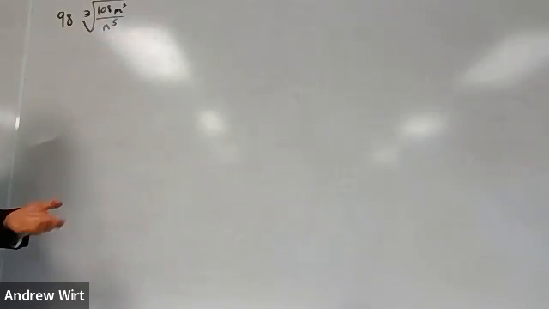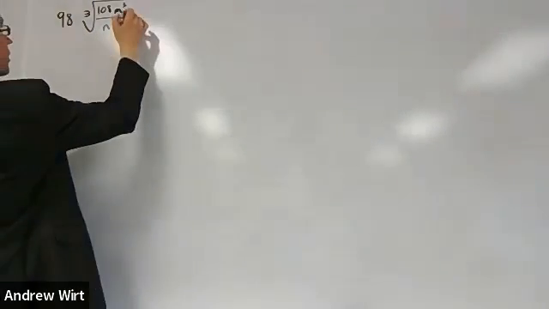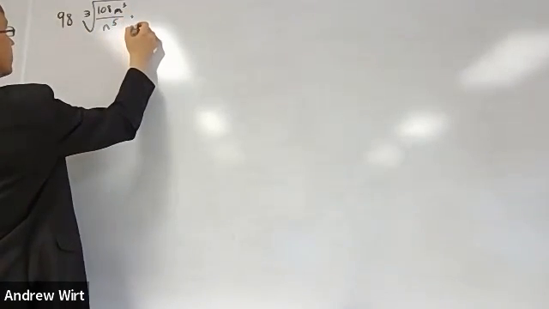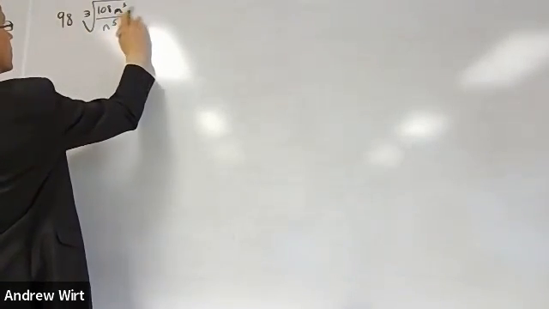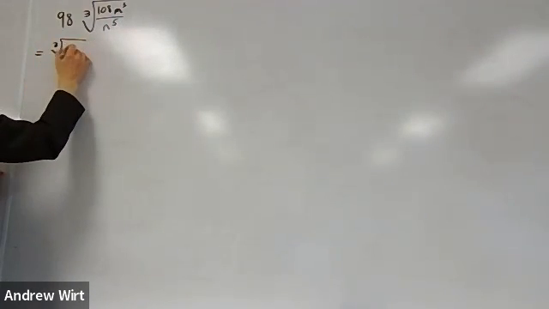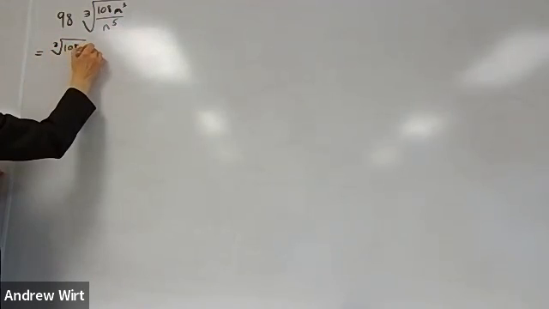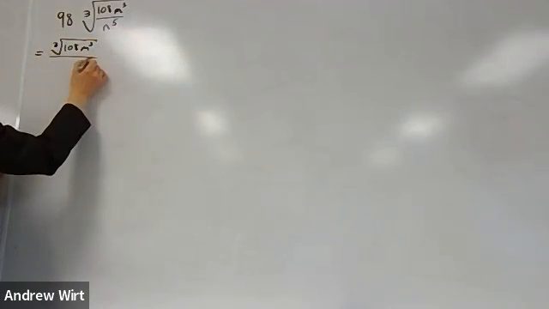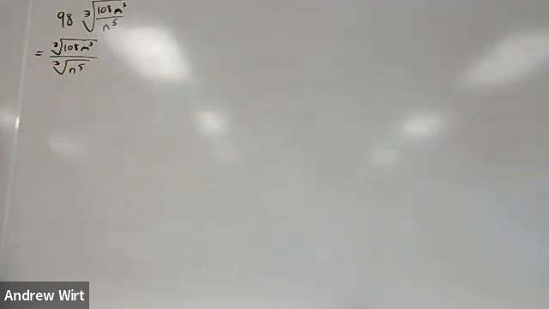That way it divides evenly and removes the radical. So we are going to first split this up. So we'll do third root of 108 m to the third power on top, and the third root of n to the fifth on the bottom.